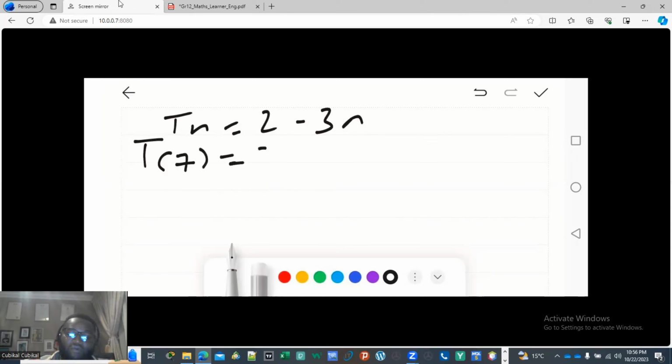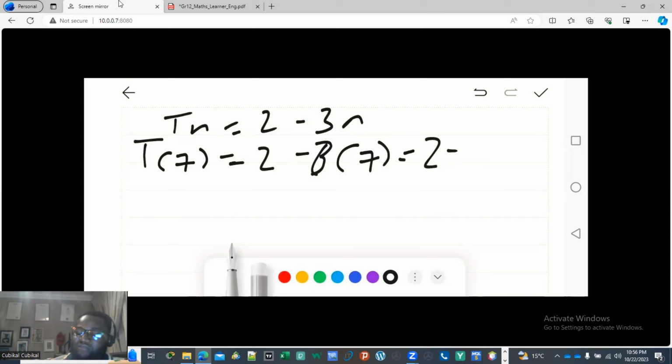Here, we're just going to substitute 3 multiplied by 7. So now this is 2 minus 3 times 7. 7 times 3 is 21. In this case, we're going to have it as negative 21.